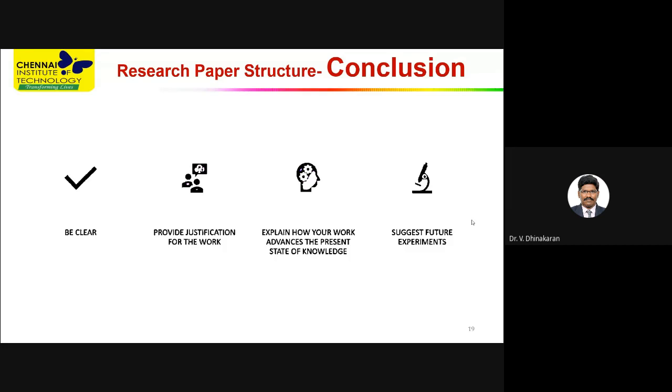As I said, if you are writing heading number 4, mechanical characterization, don't immediately write 4.1 tensile tests or tensile behavior. Don't write like that.